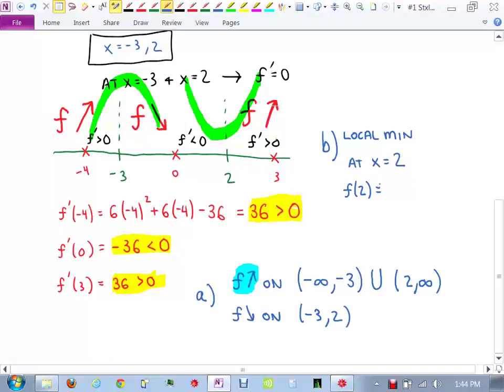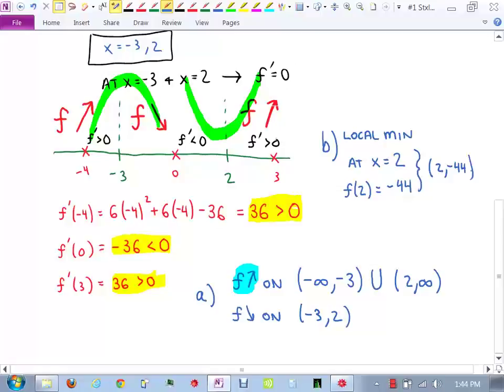So plug 2 into the original function. I'm getting -44. Anyone else? Okay. So you could, if you want, look at this as a point. The point 2, -44 is your local min.